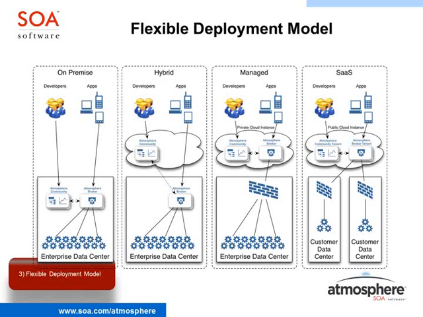The last key success factor that we're going to look at, just to refresh your memory, was flexible deployment model. And we see a tremendous amount of value in having a very flexible deployment model. Being the SOA governance leader that we are, a products company at SOA Software, fundamentally we've built the Atmosphere Enterprise API Management Platform as a fully installable on-premise solution.